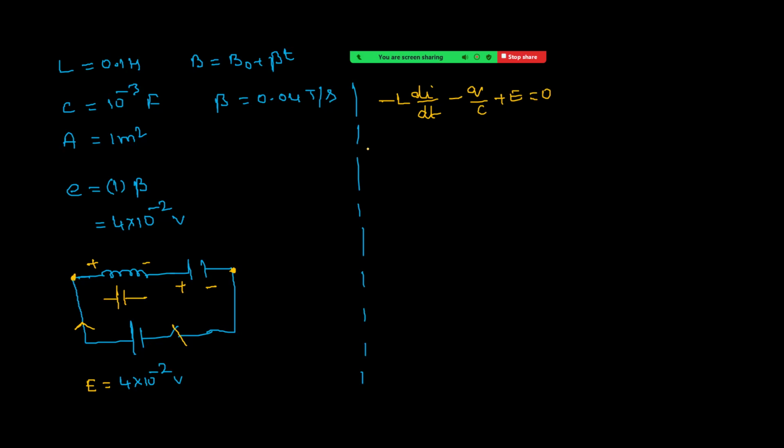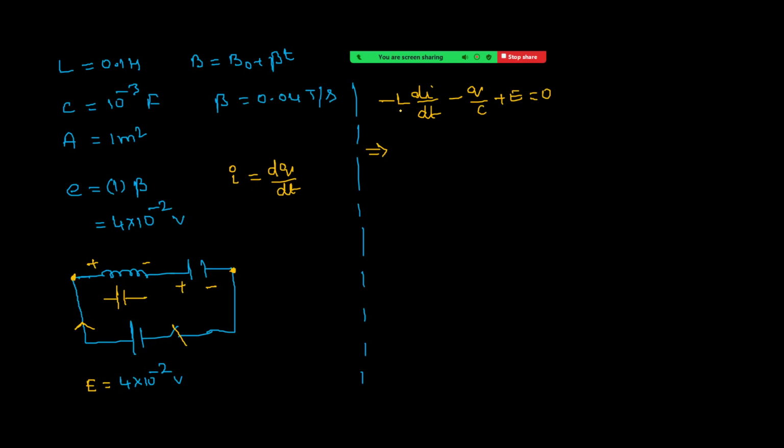Now see how we are writing this equation. In the place of i, I can write dq by dt. So here i is dq by dt. It is the rate at which charge on the capacitor is increasing. Okay. Right. Now see what happens here.